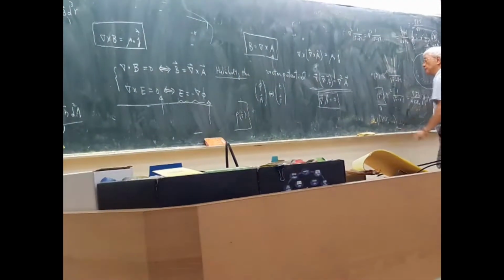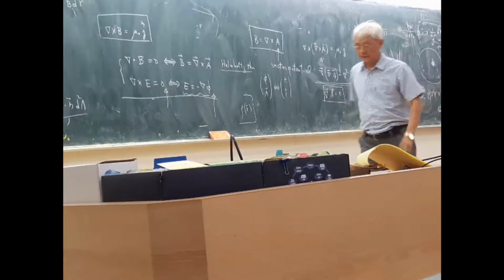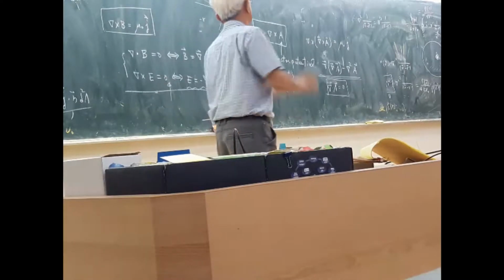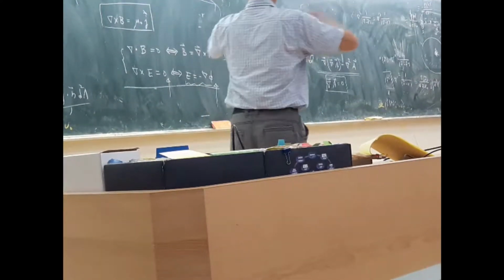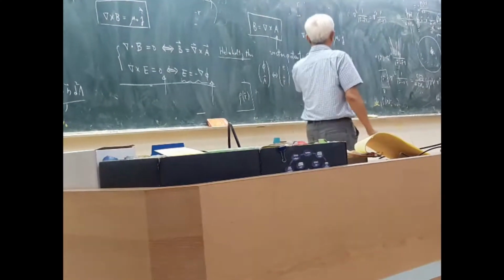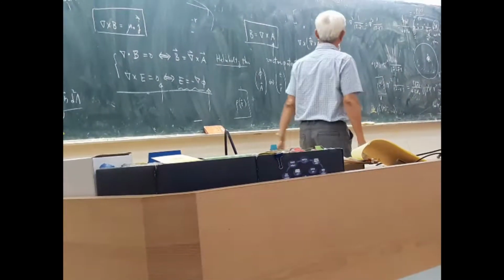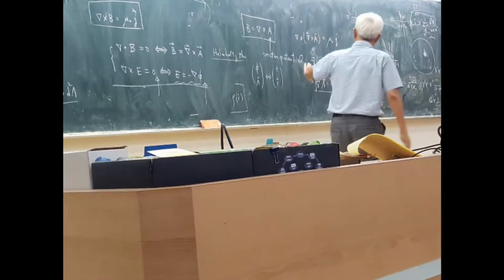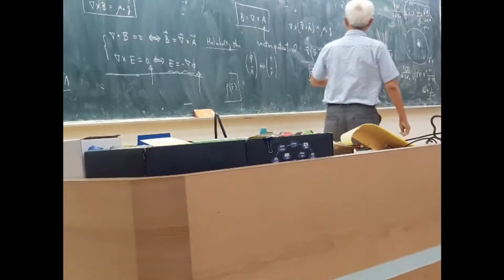Always use this one. And phi turned out to be just the Coulomb field. So the Coulomb field is static. In every case, let us assume divergence A is 0.